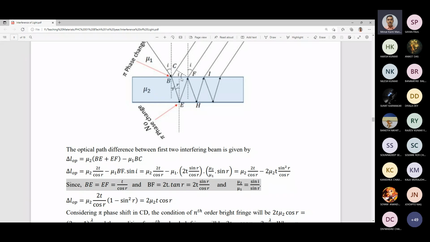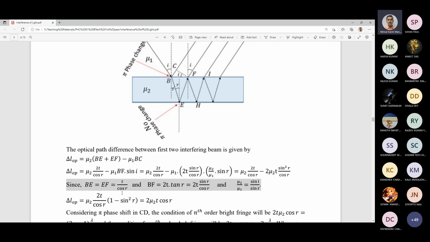And this is the normal at this point. So this angle is 90, this angle is 90, and this is common. So these two triangles will be congruent, so this will be equal to this. So we can write BE equal to EF.